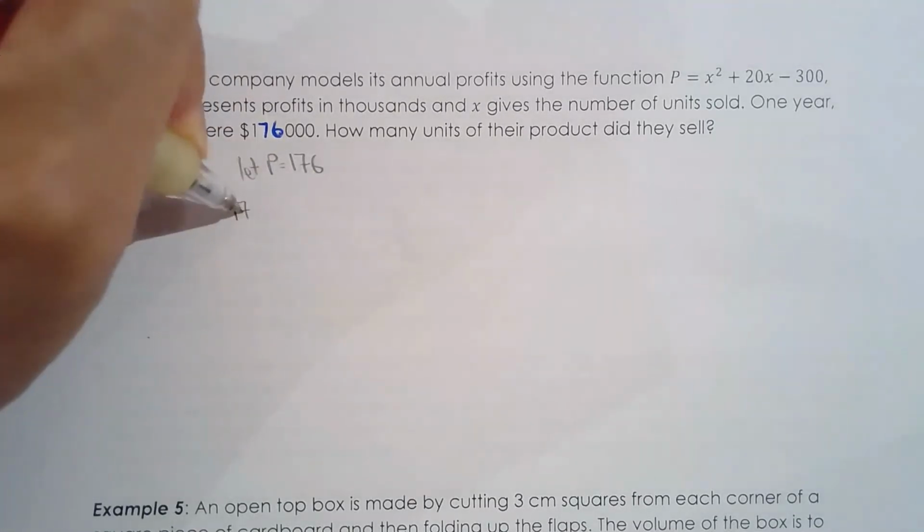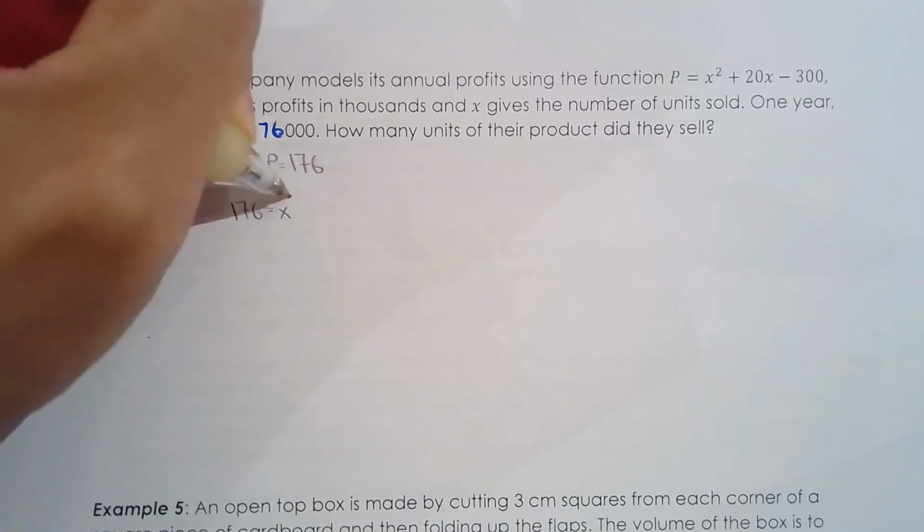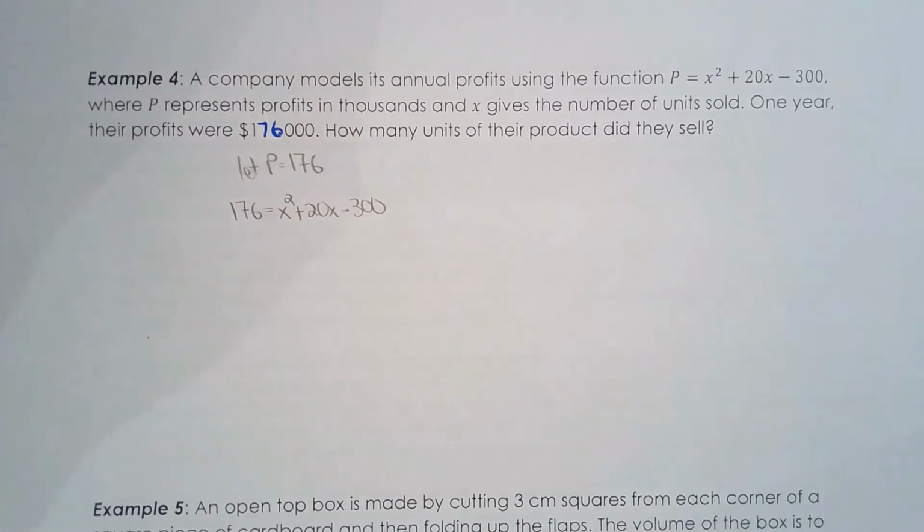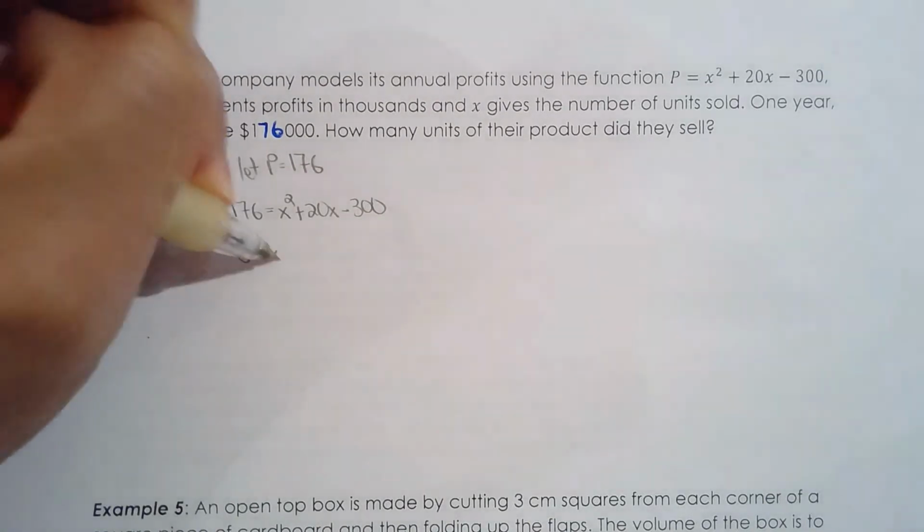So anyways, once you let p equal 176, which is pretty straightforward, you have your quadratic equation, right? You don't have to draw a diagram, you don't have to think really hard, you don't have to use the Pythagorean theorem, you don't have to think about the area, just let p equal 176. So now I see a quadratic equation, and I'm going to solve this.